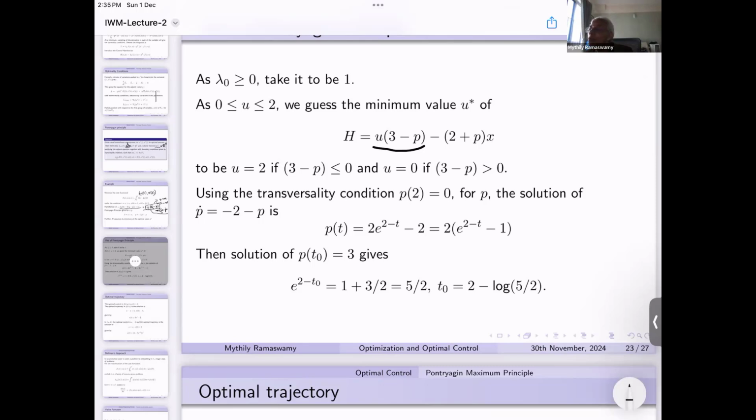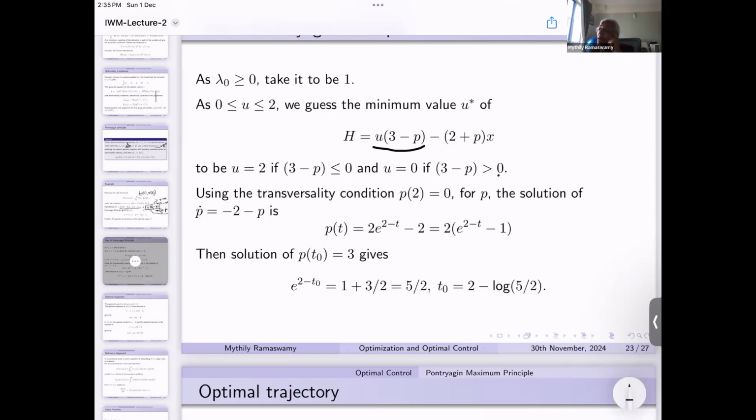What value of u will make h the minimum? Because that is how we will guess the value of u star. I guess it to be 2 if the coefficient is negative or 0, or I guess it to be 0 if the coefficient is strictly positive.